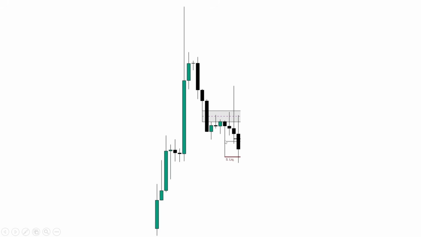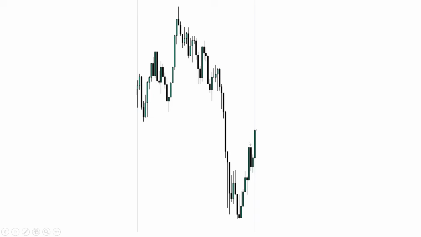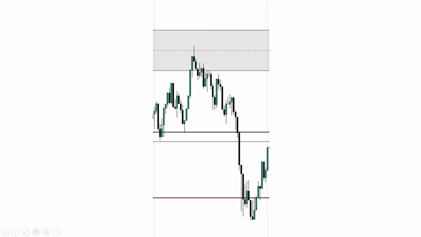That's it here. Then for this swing, this is the consequent encroachment right here. So just note that. Price traded into it, found some support around it, and then pushed to the upside, taking out this buy side liquidity. Now trading down, it trades exactly to this level, the consequent encroachment of that 2 a.m. candle, and this is not random.